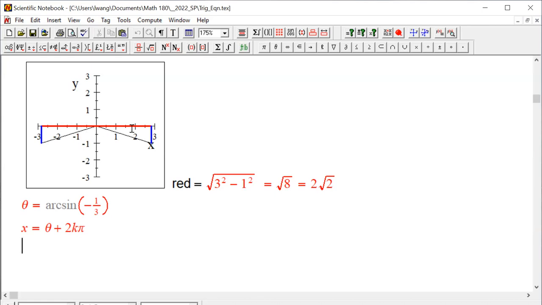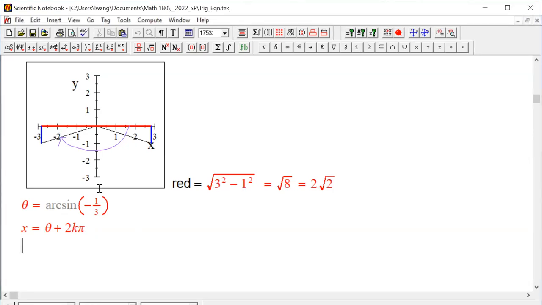This other angle will be measured, you can measure clockwise, right? But what would this angle be? If we go further, we get negative pi, right? So negative pi is subtracting theta. So we will be back to this angle.